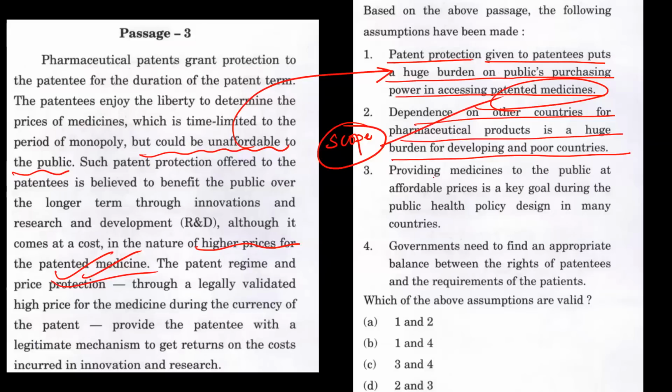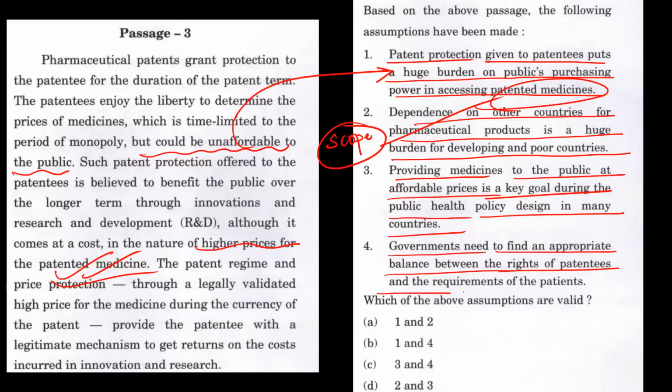Next, providing medicine to the public at affordable prices is a key goal during public health policy design in many countries. Fourth, the government needs to find an appropriate balance between the rights of patentees and the requirements of patients. Yes, that is what the passage is talking about.